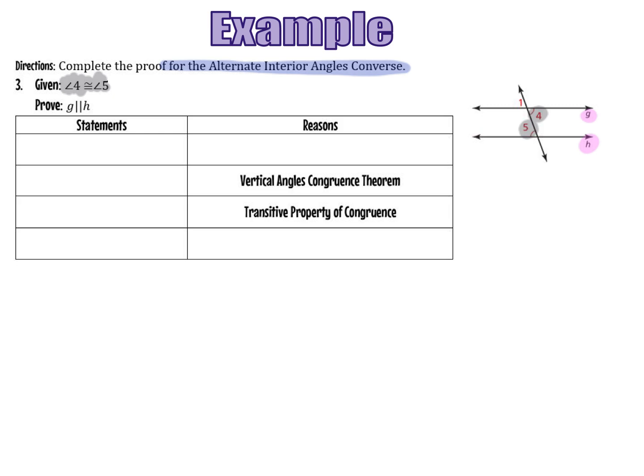So as always, we can start by just filling in our given information. We are given that angle 4 is congruent to angle 5. We know based on our roadmap that our ultimate goal is to prove that line G is parallel to line H. I notice this is telling me about vertical angles, and I can identify that angle 1 is congruent to angle 4.